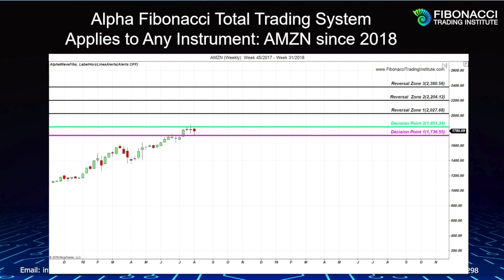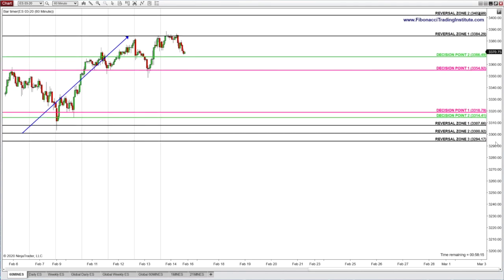Alpha Fibonacci reversal zone on S&P mini futures right now is doing the exact same thing as Amazon did in 2018, because price action on S&P and Amazon is identical. On euro, on pound, on oil, it's identical, as you will see next.